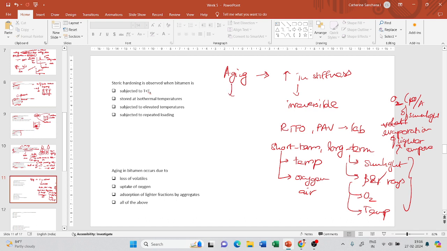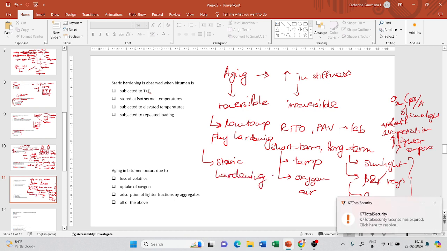Now there's something called reversible aging, and as the name says, they are reversible phenomena. There are again two types of reversible phenomena. One is low temperature physical hardening, and the other is steric hardening. They cannot exactly be called aging, they are called hardening.